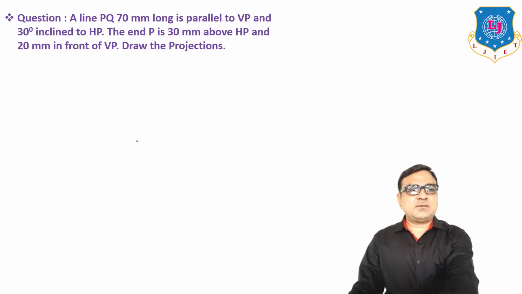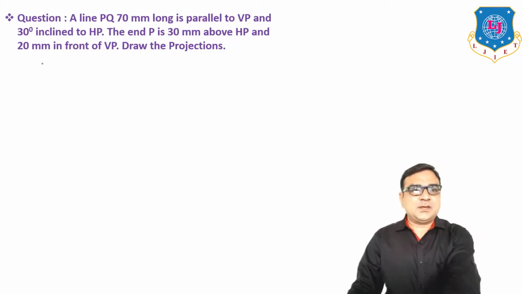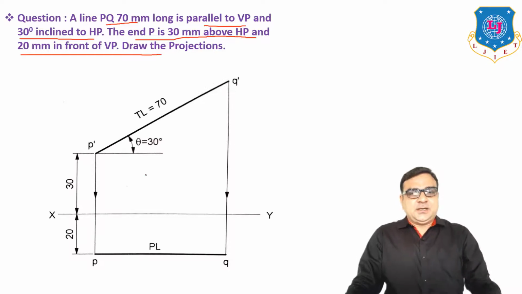Now look at one question regarding the last case, when the line is inclined to HP and parallel to VP. Your question is: a line PQ 70 mm long is parallel to the vertical plane and inclined 30 degrees to HP, and point P is 30 mm above HP and 20 mm in front of VP.